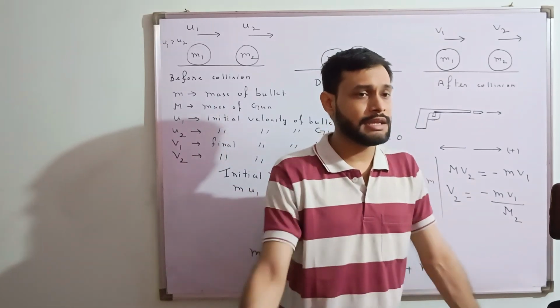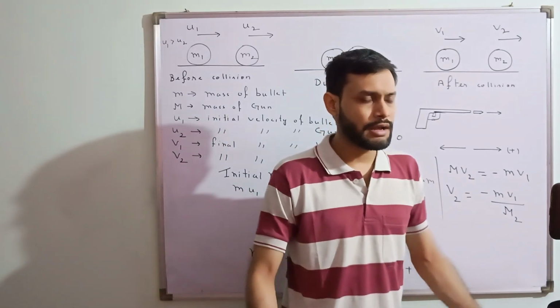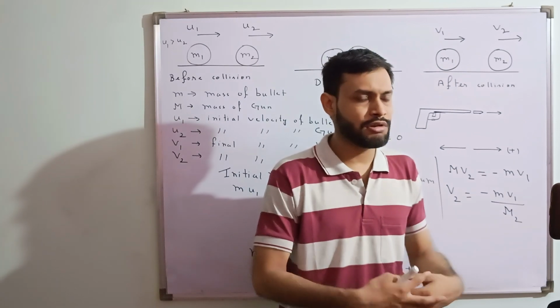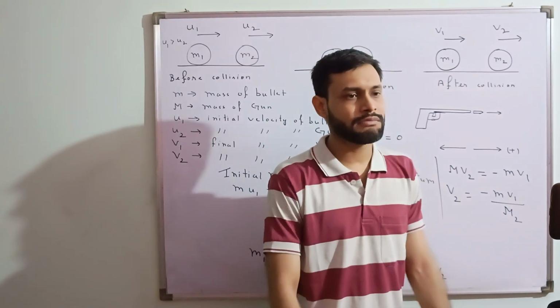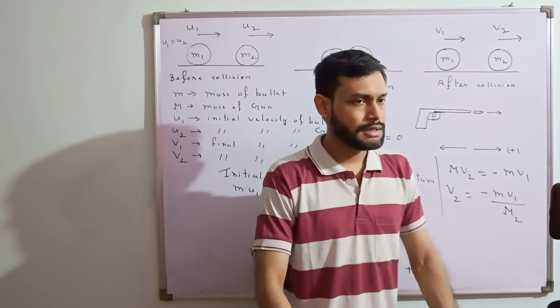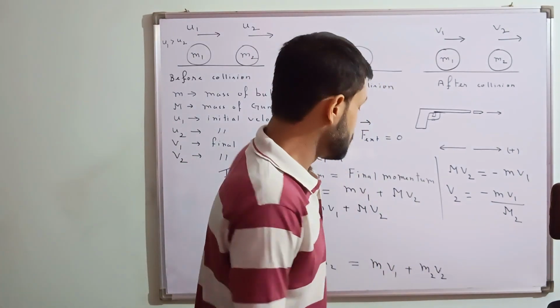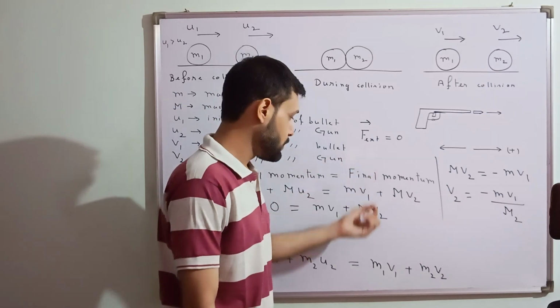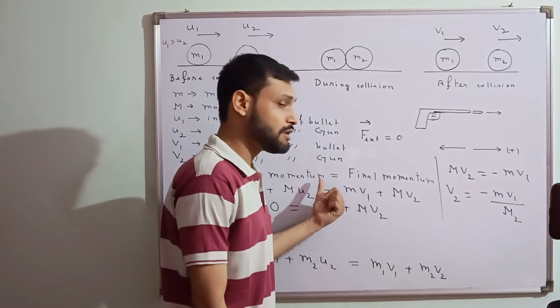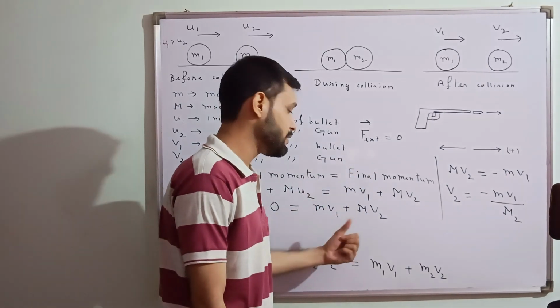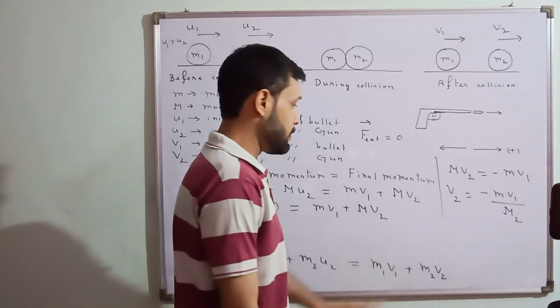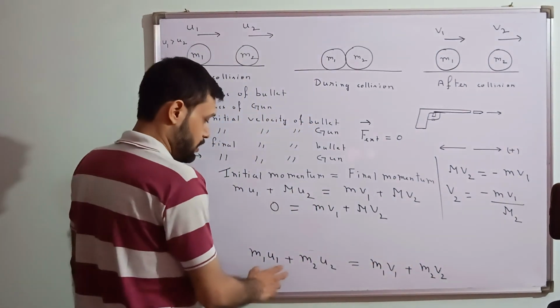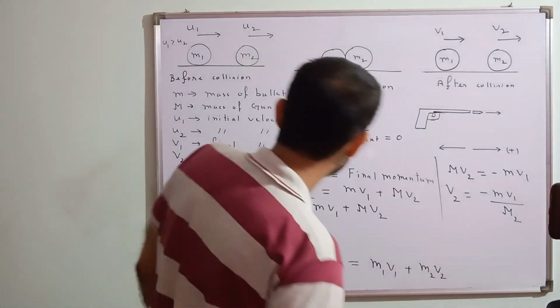If there is no external force on them, whether they are colliding with each other or interacting with each other or whatever else may be happening to them, in that case also, because there is no external force, the initial momentum will be equal to the final momentum. That means we can write the same results for n number of particles.